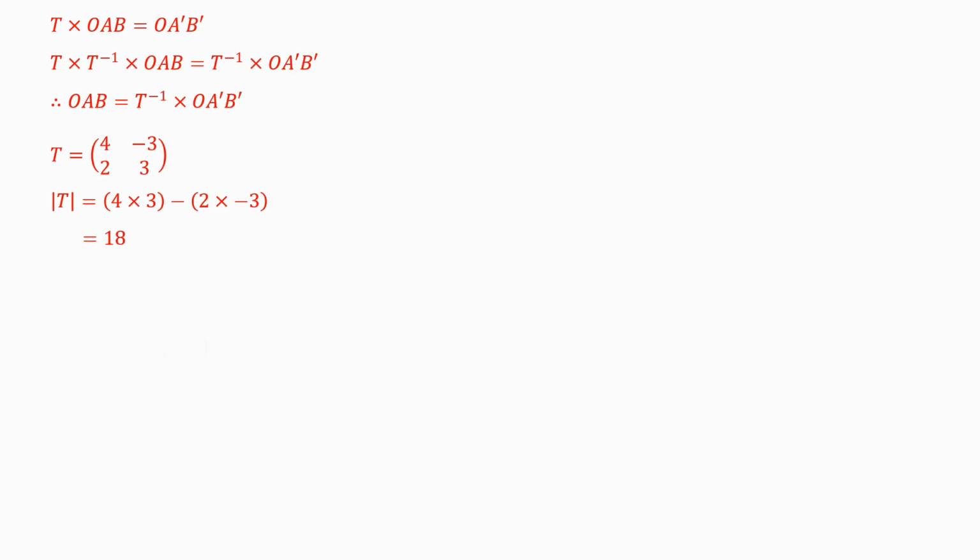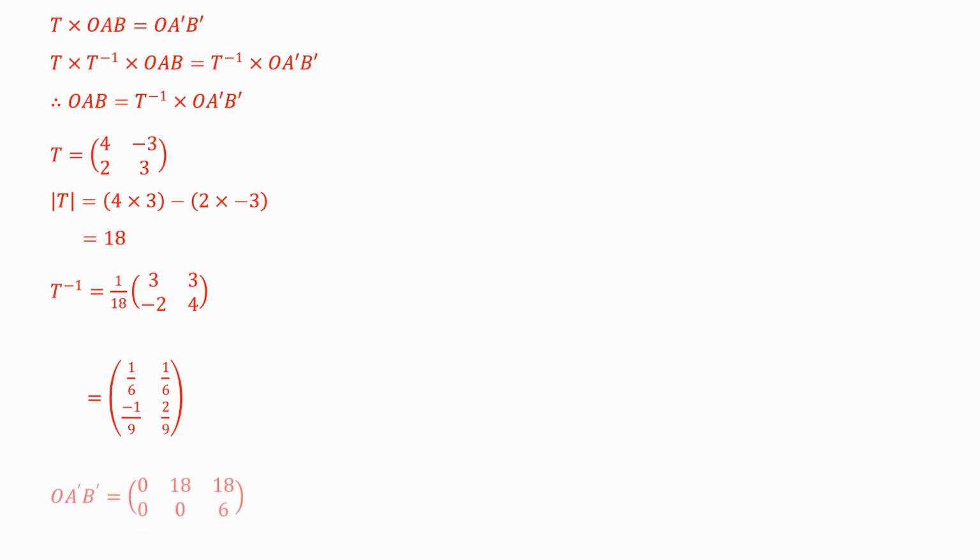Therefore, the inverse of T will be 1 over 18 times, we interchange A and D, and then we negate B and C. So we have 1 over 18 into 3, negative 2, 3, 4, which is equal to 1 over 6, negative 1 over 9, and 1 over 6, negative 2 over 9. So that is the inverse of matrix T.